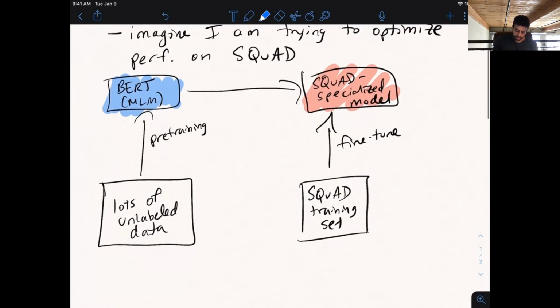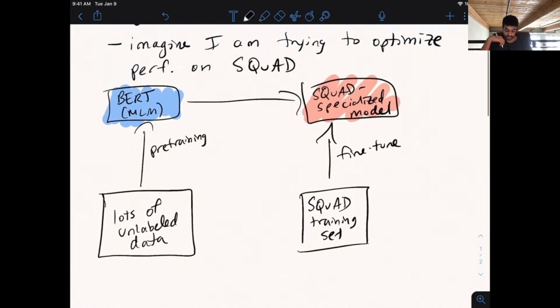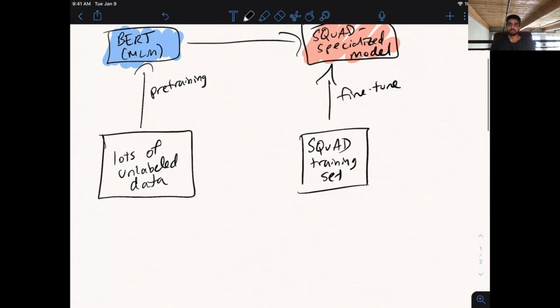So what this ignores is that I also have access to numerous different labeled data sets that could potentially be helpful at increasing my performance on Squad. One obvious example, which kind of ties into what we talked about last time, is there are numerous different QA data sets, right? So there's HotpotQA, QuAC, NewsQA, lots of other data sets that we discussed last time.